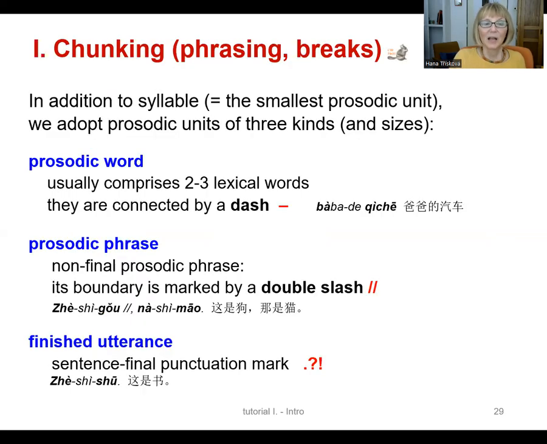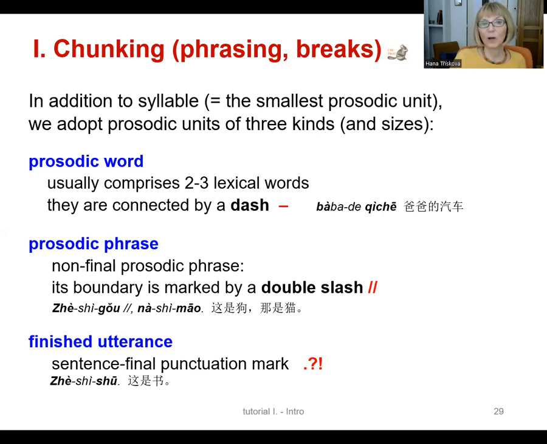First, chunking. In addition to the syllable, the smallest prosodic unit, we adopt prosodic units of 3 kinds and 3 levels, 3 sizes. The smallest one is a prosodic word. Usually it comprises 2 or 3 lexical words. Sometimes it can be just 1 lexical word, and not so often it's 4, 5 or more.